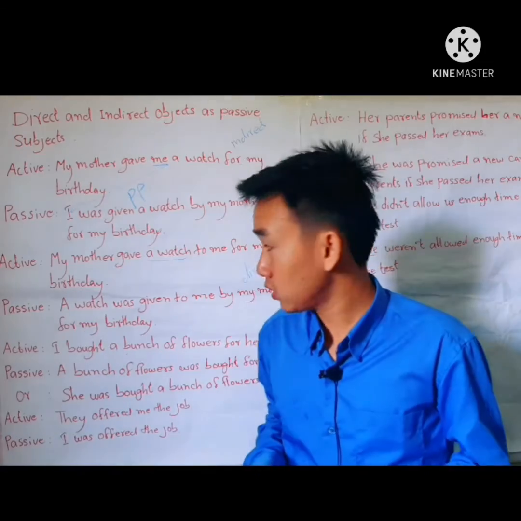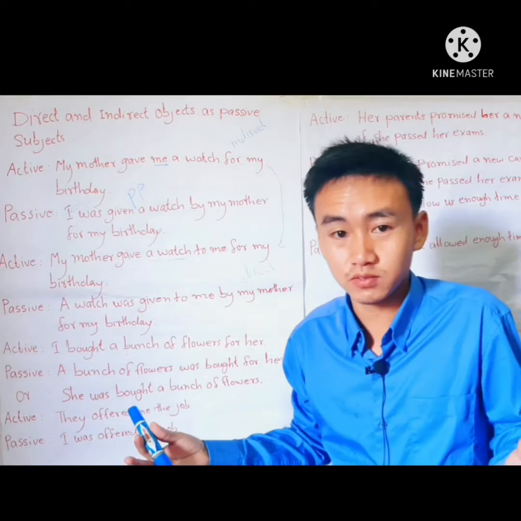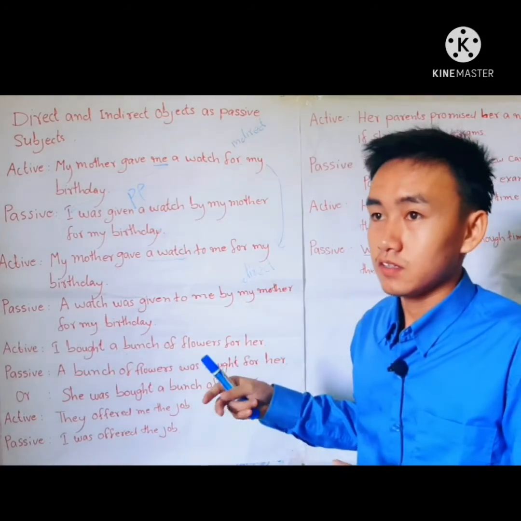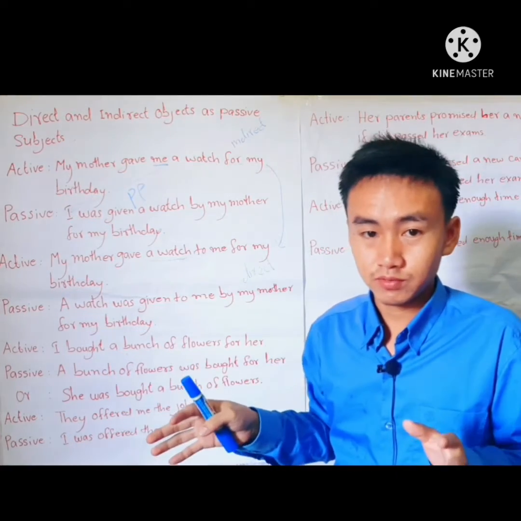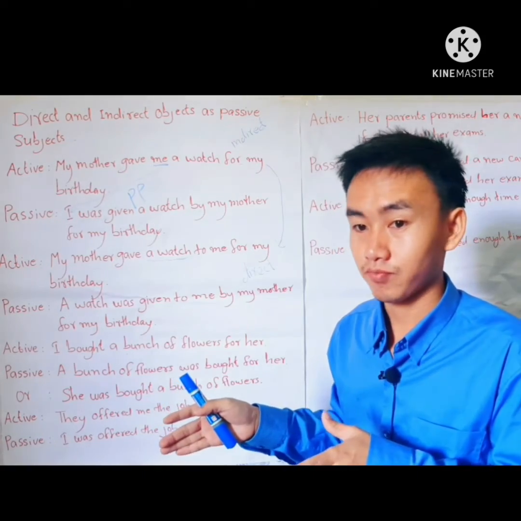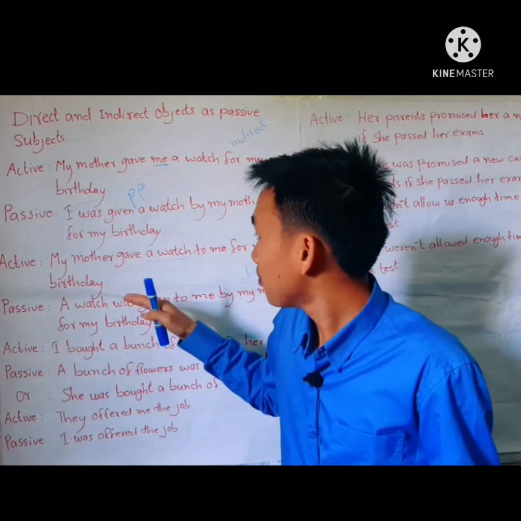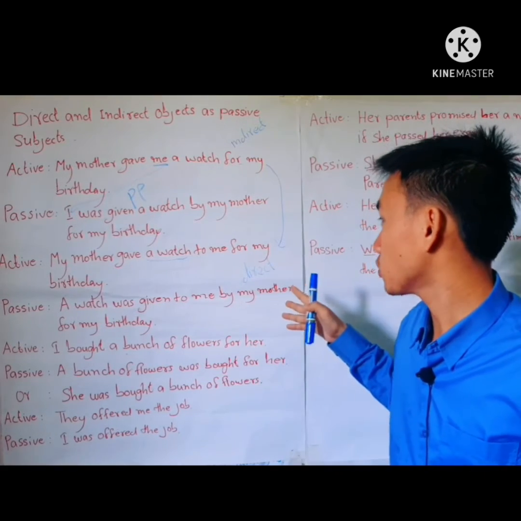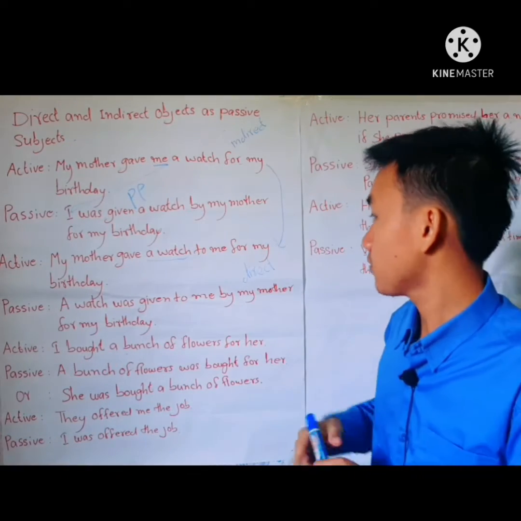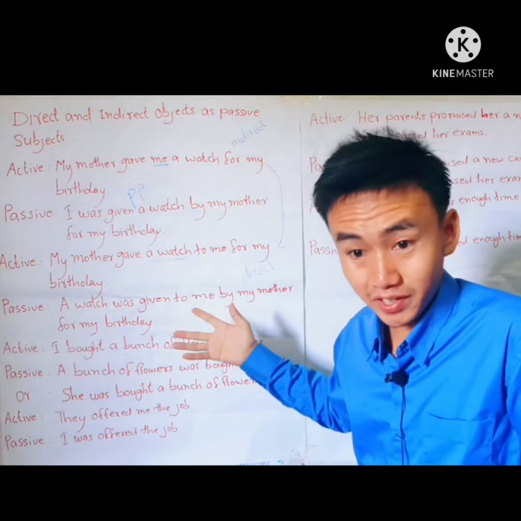Okay, and please take a look at the second one, direct. How do we change it with the direct? They have the same meaning, but it will be changed a little bit. Please take a look. Direct: My mother gives a watch to me for my birthday. In this one, as you can see, the object here is a watch, right? It's not me.